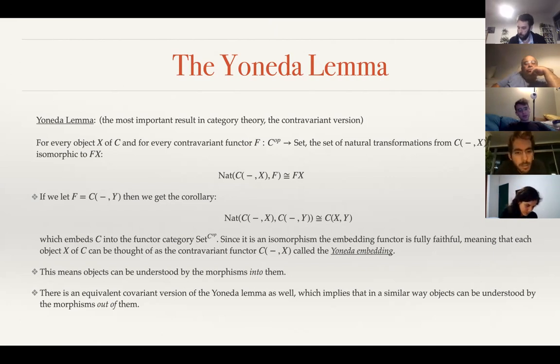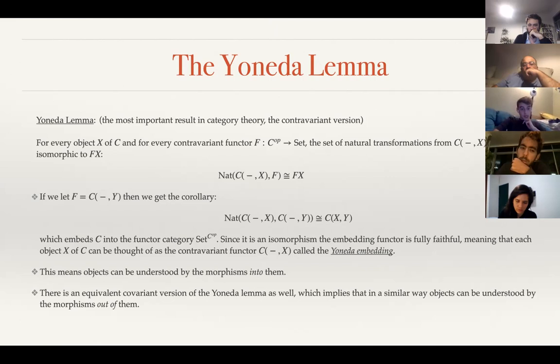An easy way to see this is if we plug in for F some other object Y. Look at what happens. The natural transformations between the functor that gives all of the arrows to X, and the functor that gives all the arrows to Y, is isomorphic to the set of arrows between them.